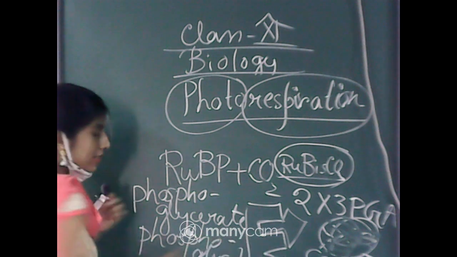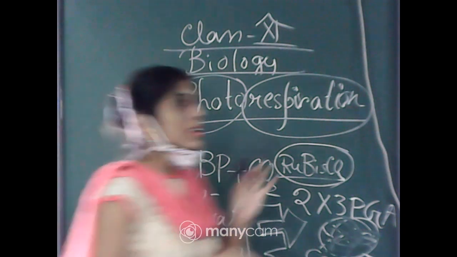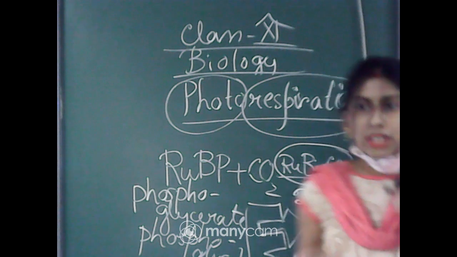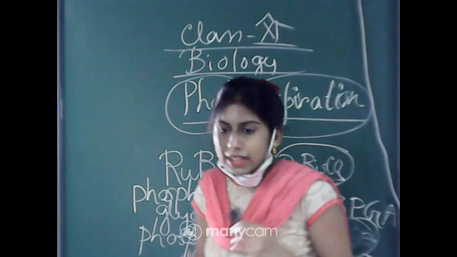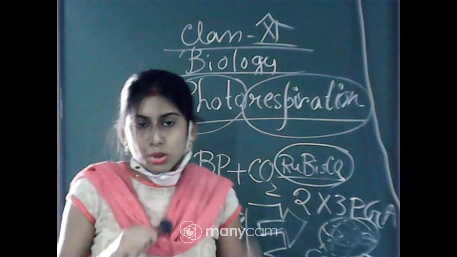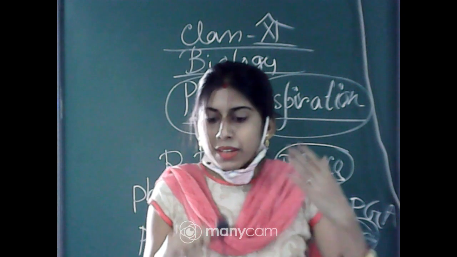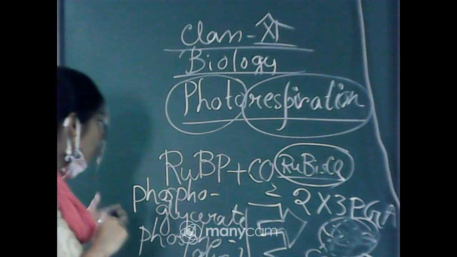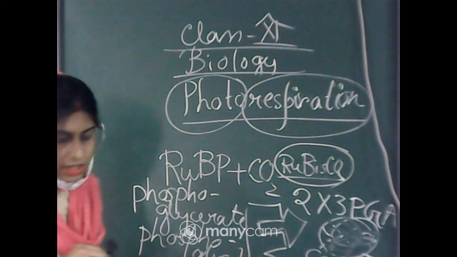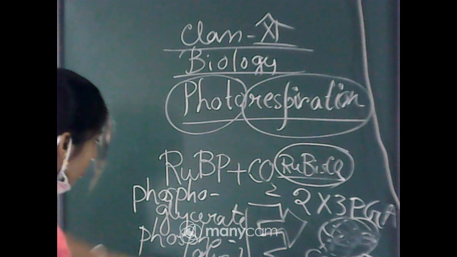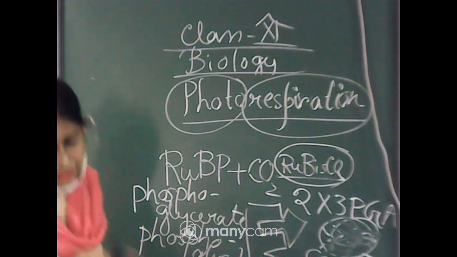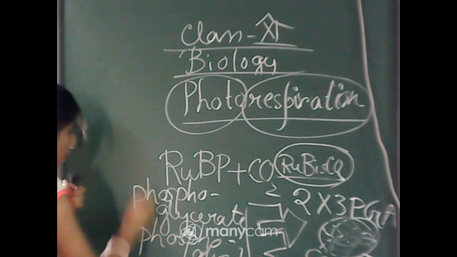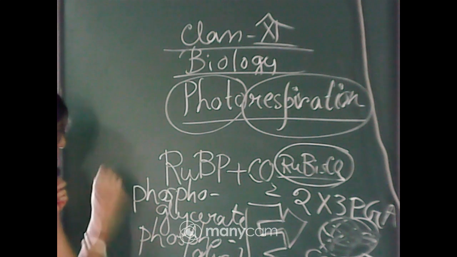You have seen what happens when it binds with carbon dioxide, but if it binds with oxygen, then it will not convert into two molecules of 3-PGA; instead it will convert into one molecule of phosphoglycerate and one of phosphoglycolate.